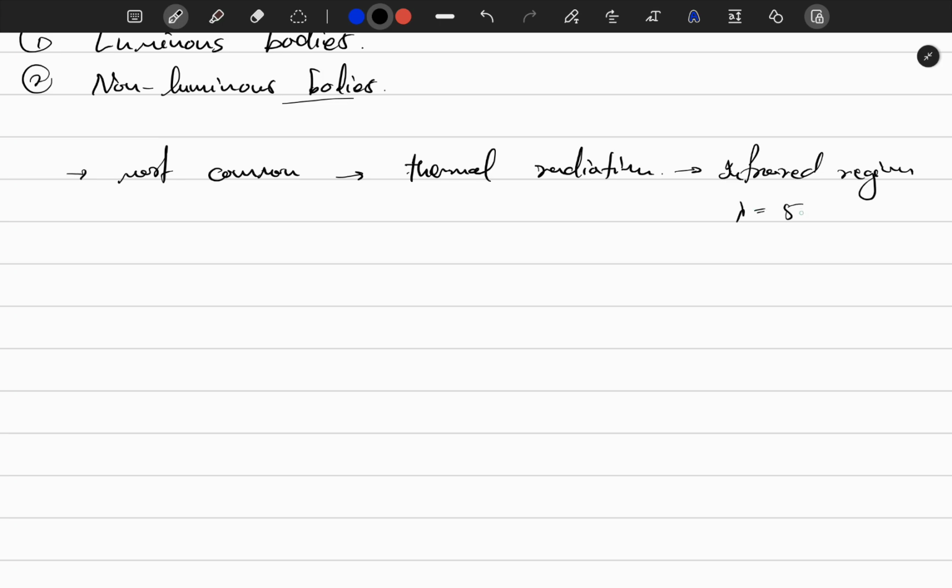So lambda is about 5 micrometer in the infrared region. The wavelength is about 5 micrometer. So they emit light as a result of thermal motion of their molecules, that is at the expense of the internal energy. So these molecules or atoms of the body vibrate at the expense of internal energy of the objects.